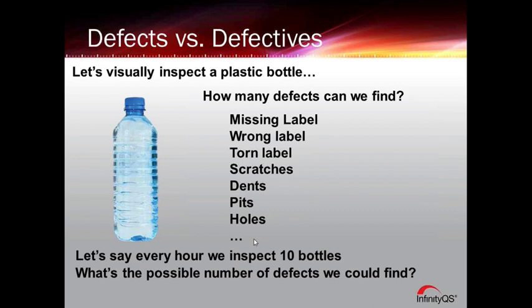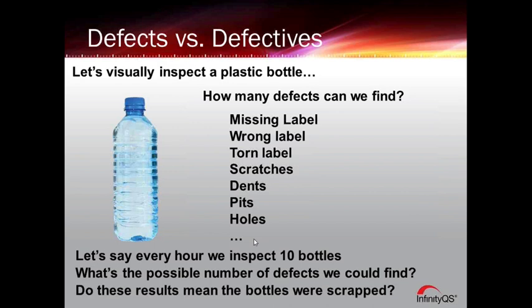Great. We'll take a list and start noting which ones had torn labels and scratches and dents and so on. But do these results mean that the bottles were scrapped? Again, comparing and contrasting defects versus defectives, defects is going to give me a running list of things, but certainly some of these defects might result in the bottle not being fit for use, right?